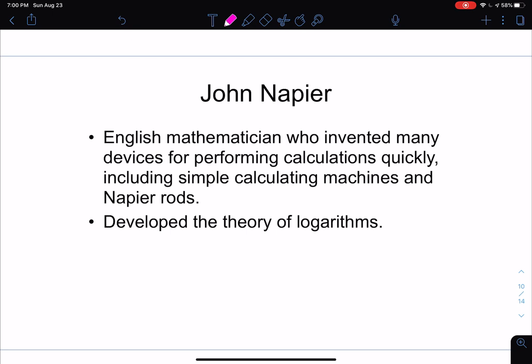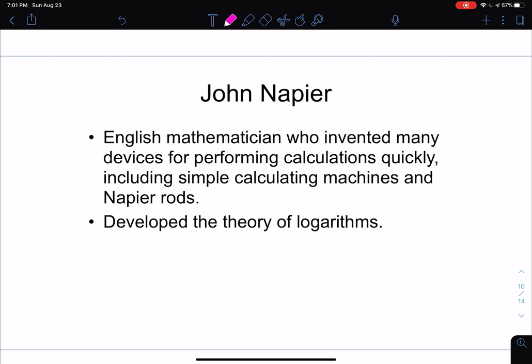And if any of you have taken Algebra 2 in high school or college algebra here at the college, you've learned about logarithms. It's not a music thing. It's not like logarithms and blues or something. No, logarithms are another way of working with exponents. They're another way of writing exponents. But John Napier, you can thank him for developing the theory of those.